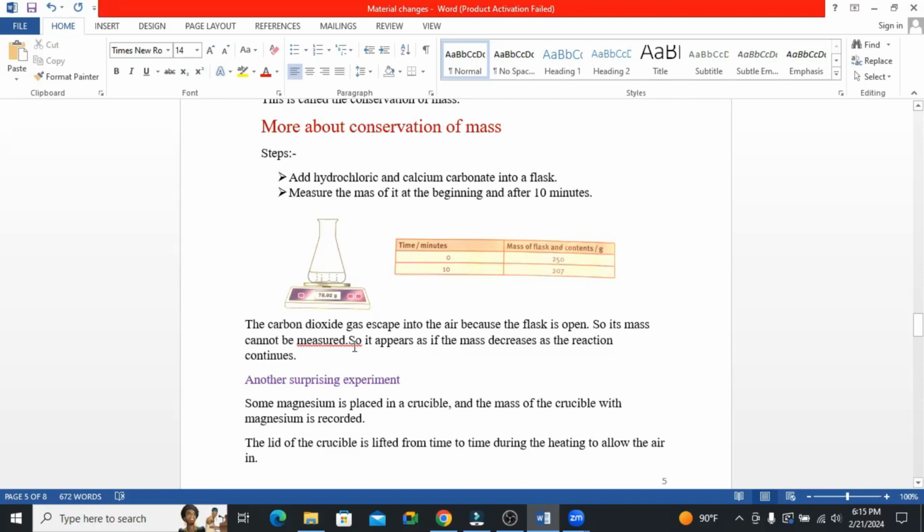So it appears as if the mass decreases as the reaction continues. That's why the mass has decreased, because during the reaction, the produced carbon dioxide was released. So the number of atoms in the flask has decreased while the reaction has happened. That is the reason for this decrease of the mass.